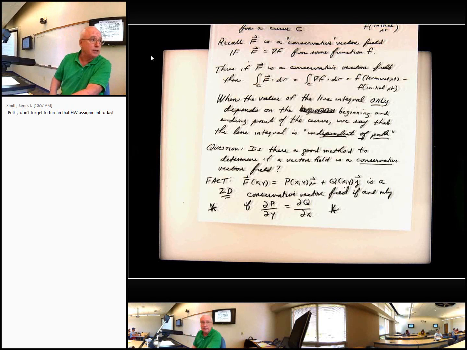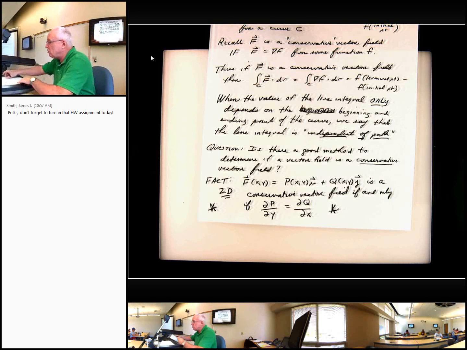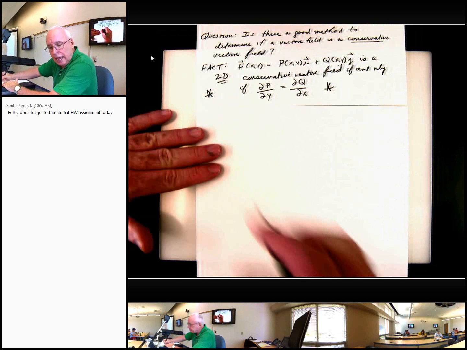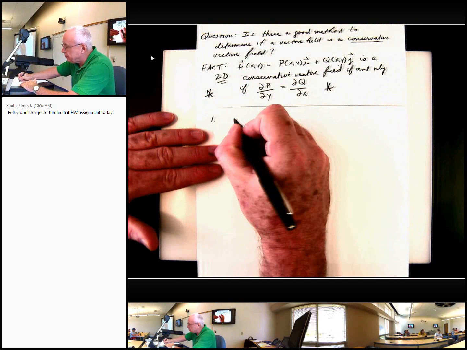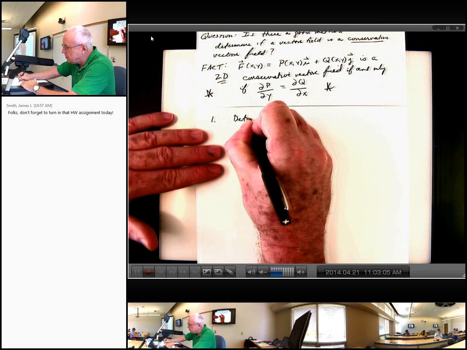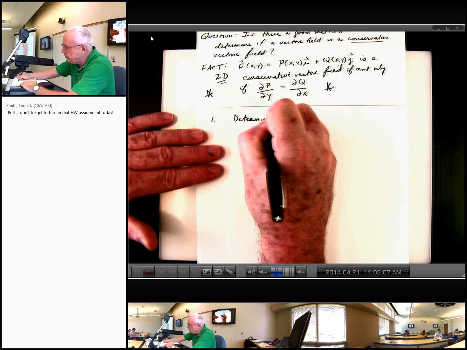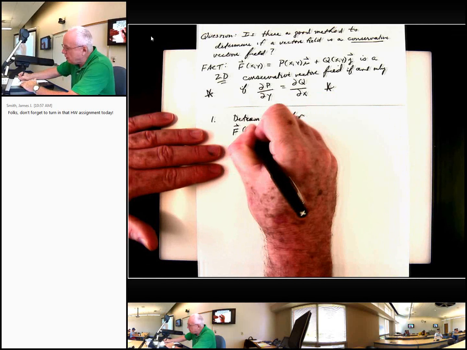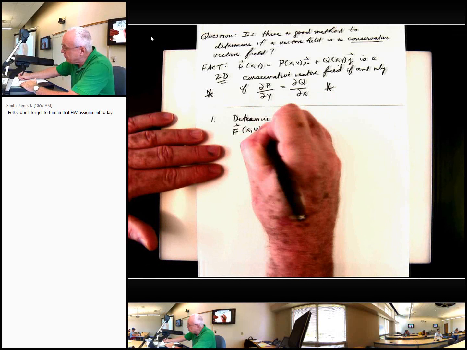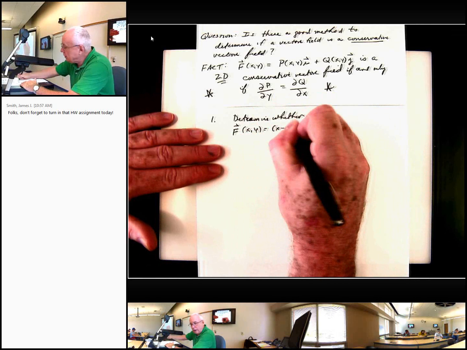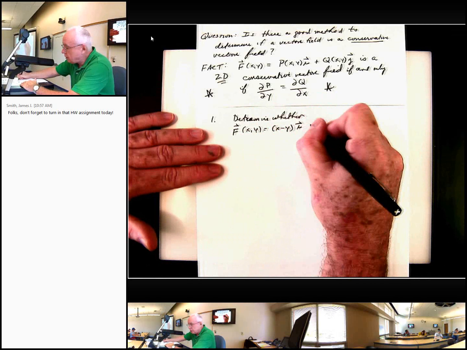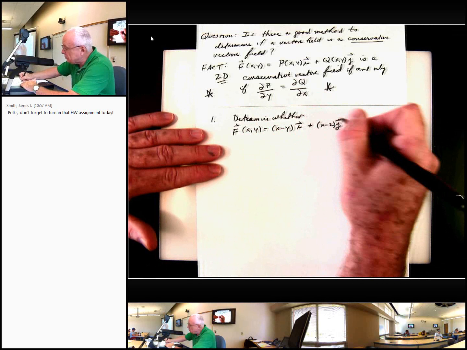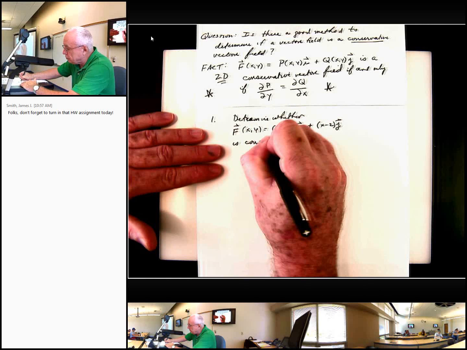So let's look at the first example, and the question is determine whether F of x, y, which is equal to x minus y times the i function plus x minus 2 times the j function, is a conservative vector field.